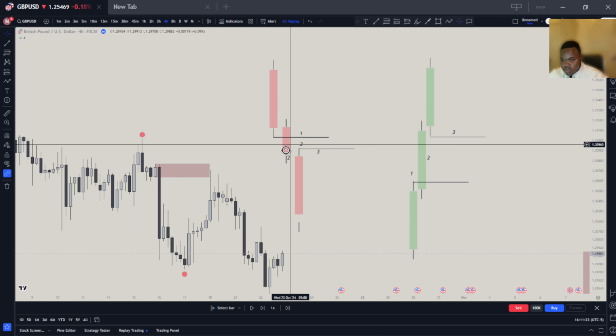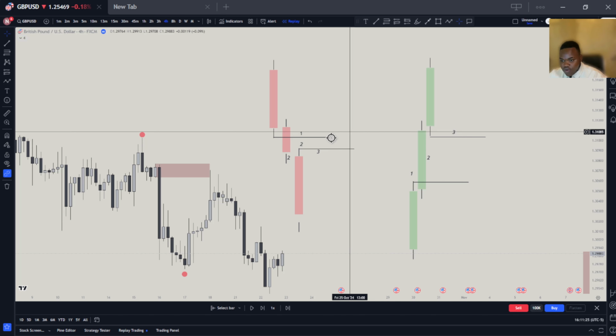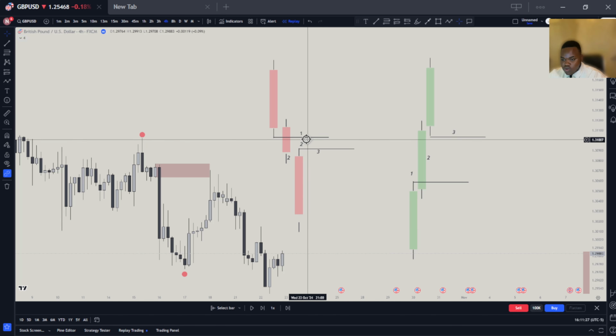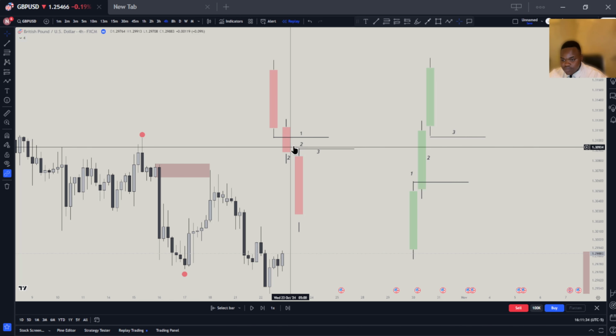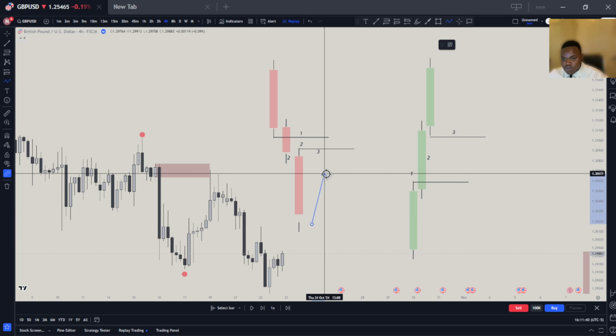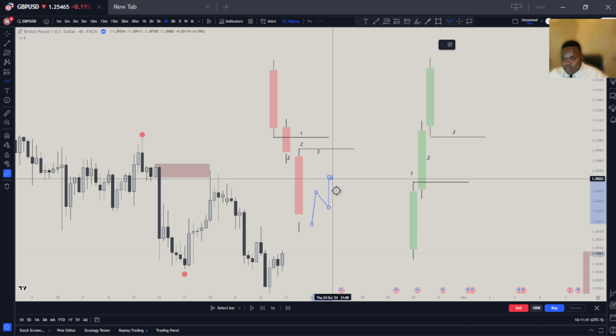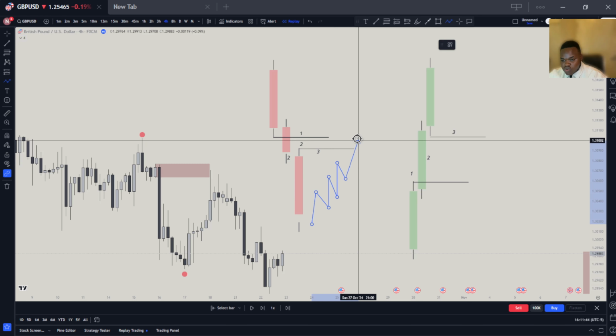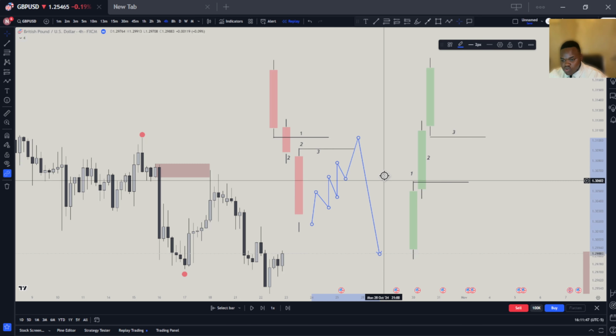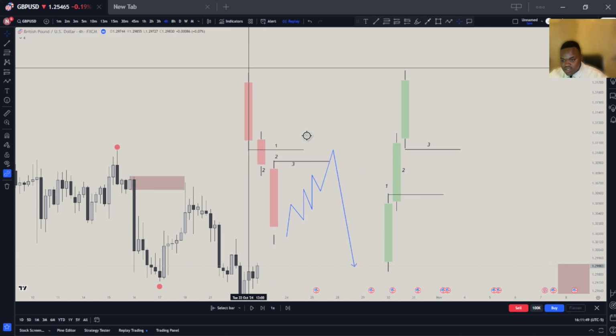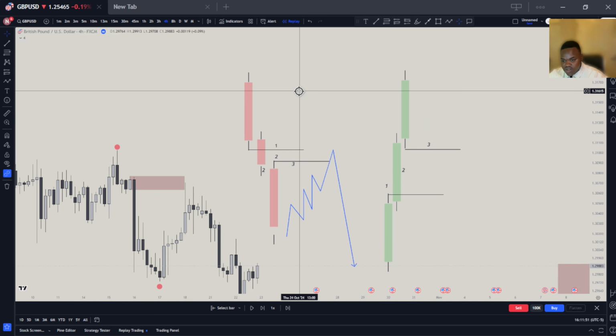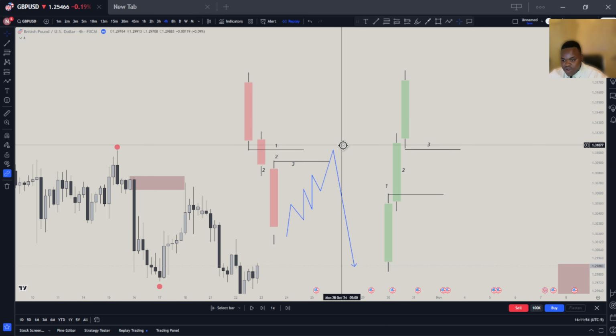It's not perfect, but you can have something like this for candle 2. It doesn't have to be a big candle like this. As long as this inefficiency is right here, we know that price has to fill out all inefficiency before continuing the main trend. If we're in a bearish trend, price has to fill this inefficiency to continue the main trend.